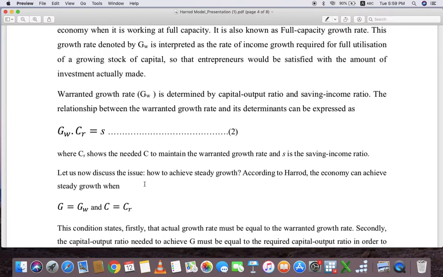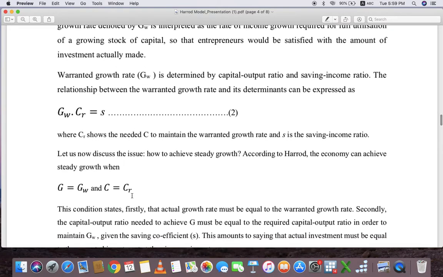So, let us discuss how we can achieve the steady growth rate. According to Harrod, the economy can achieve steady growth rate when G is equal to GW and C is equal to CR. That is, if we put GW and CR in place of G and C in equation 1, then we get equation 2, and then the economy gets its steady growth rate.